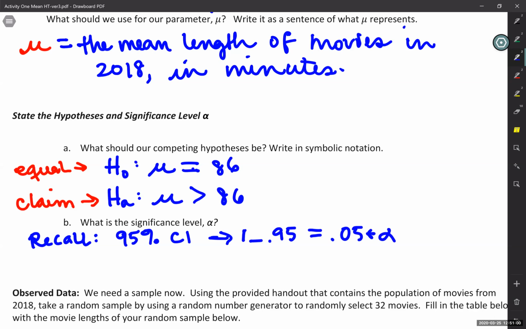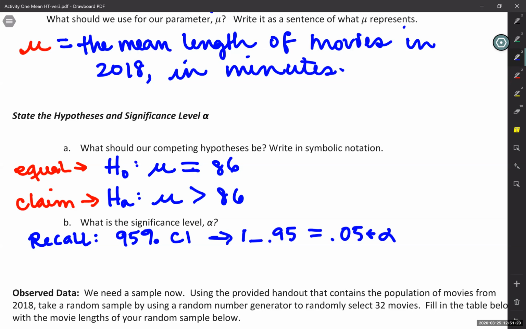So that's how alpha is related. 95% would be the confidence interval, which we would use in chapter 8, and 0.05 would be our alpha, which is what we're going to be using in chapter 9. So together, those two numbers equal 100%, or 1.